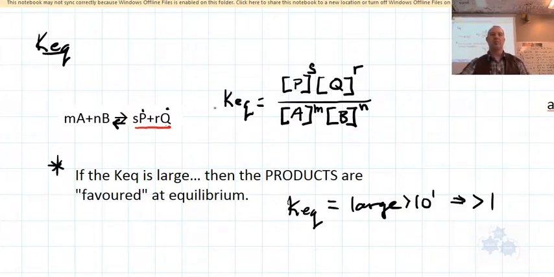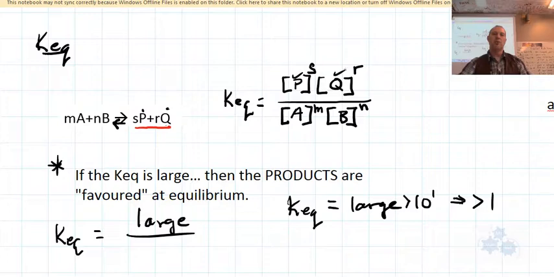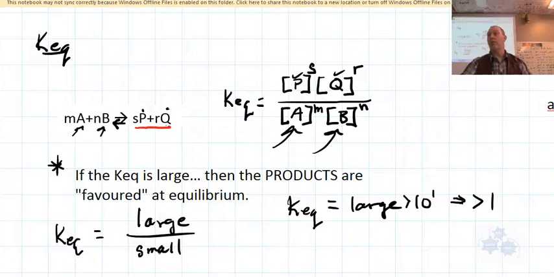And if you think about this mathematically, it's actually very simple. If you have more P and more Q, the concentrations are going to be higher. Therefore, this number is going to be large on top. And if this is very small on the bottom, that means that the concentrations of A and B are going to be small, right?